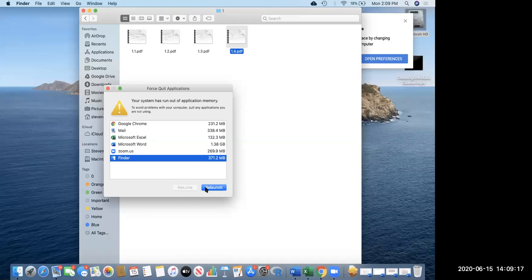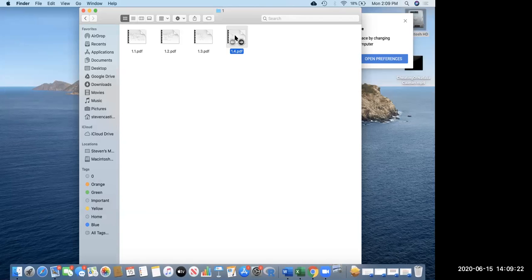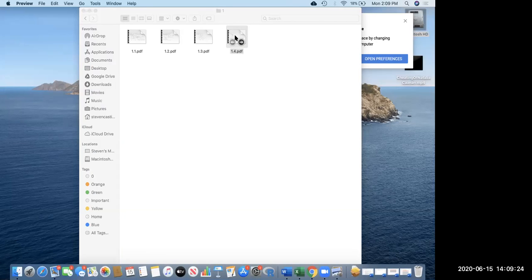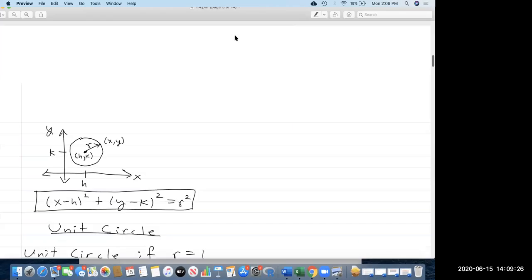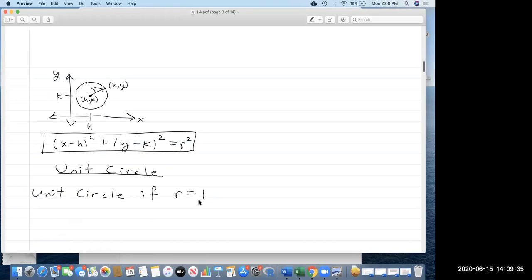Oh, I hate you. And so the equation of a circle centered at (h, k) of radius r is (x minus h) squared plus (y minus k) squared equaling r squared. If r is equal to 1, then we call it a unit circle.